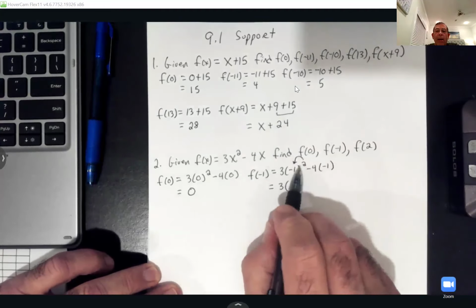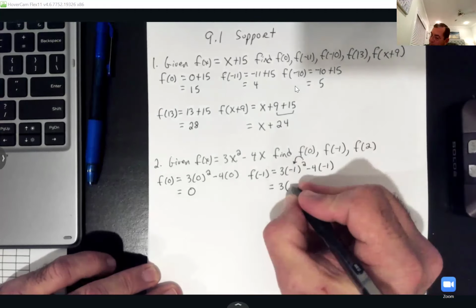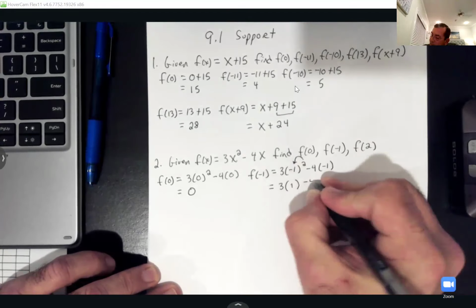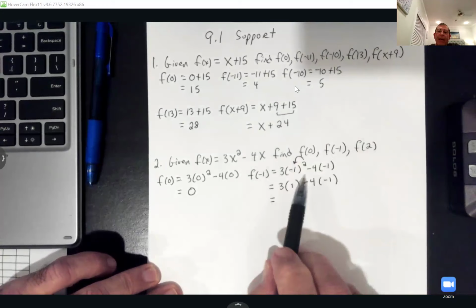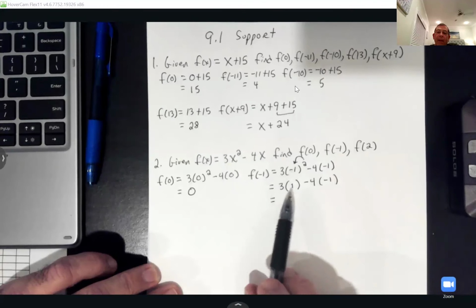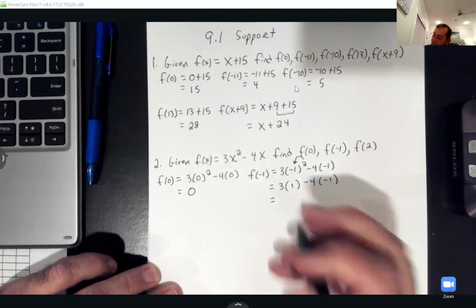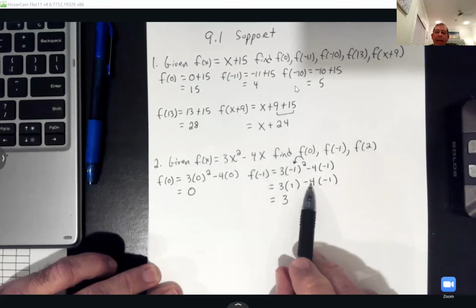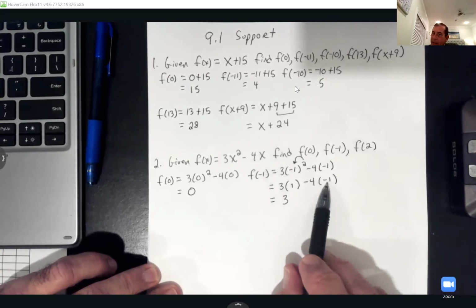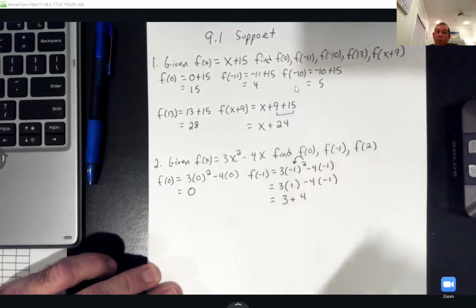So bring that 3 down. Negative 1 squared is a negative 1 times negative 1, which will give me a +1. And y'all, I'm just bringing everything else down. So the only thing I did there was my exponent. Now I'm going to multiply. 3 times 1 gives you 3. And then look here. That -4 times -1 makes that a +4.